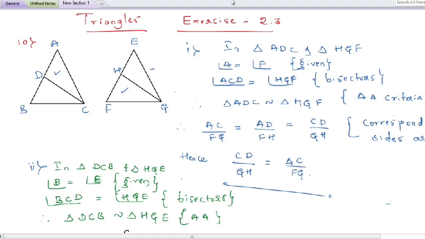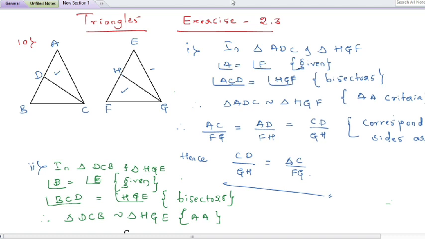Angle A is equal to angle F, it is given. And also angle ACD is equal to angle HGF, these are the bisectors. If these two angles are equal, then these two triangles are similar. Therefore, triangle ADC is similar to triangle HGF according to AA criteria.